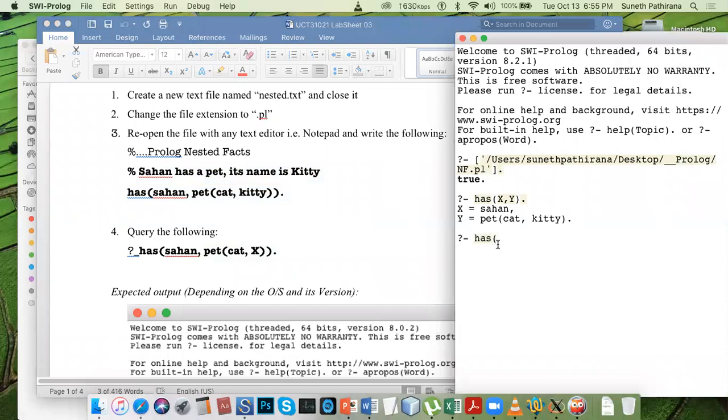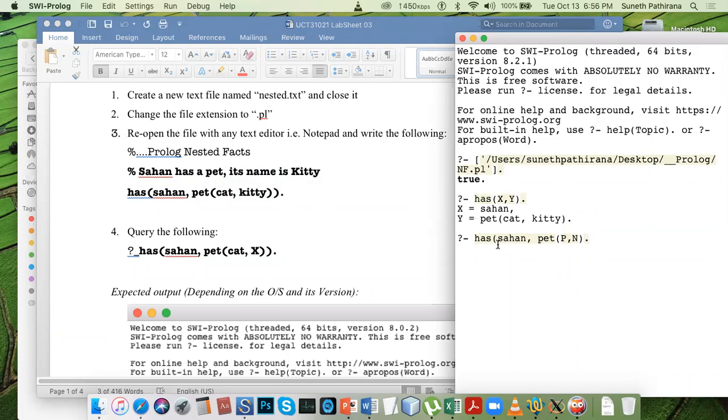Has Sahan pet. Then we put P to denote the pet and the name of the pet. Here we are asking, we already know that Sahan got a pet called Kitty, so forget about that.